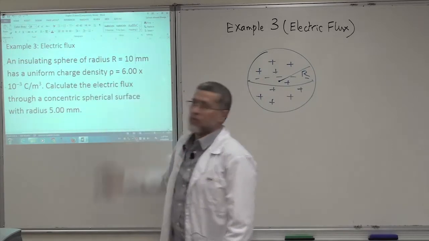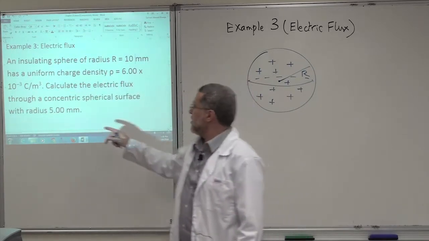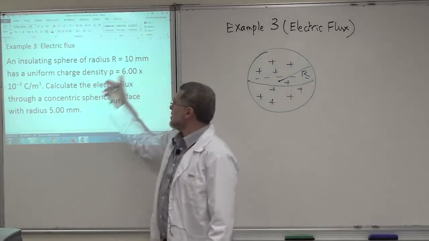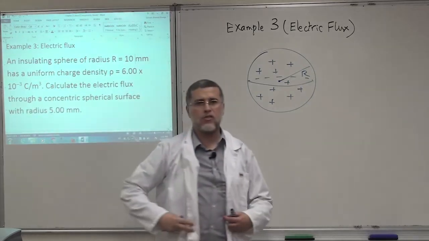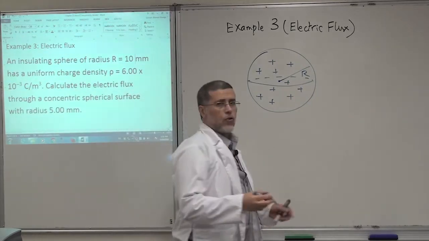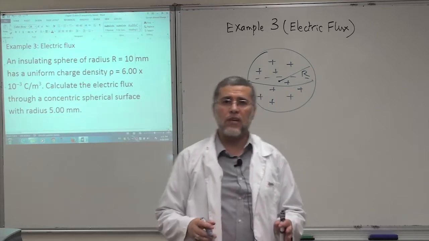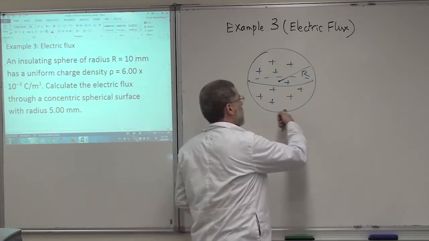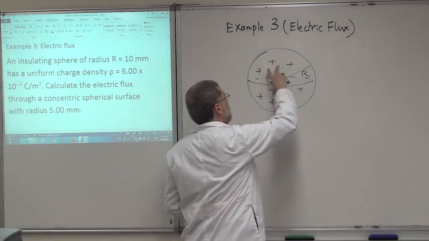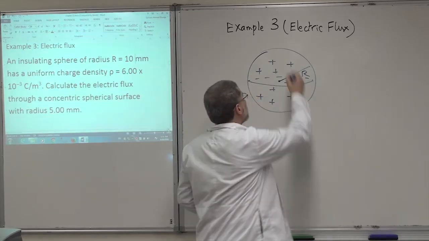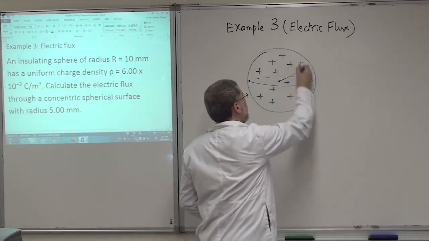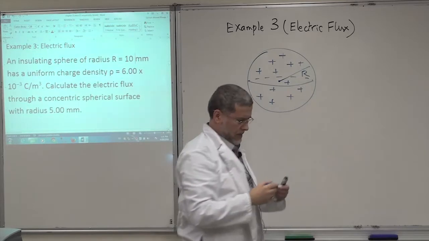It's a uniform charge density, which means every meter cubed has 6 times 10 to the power minus 3 coulomb. If we go to a conducting sphere, the charge will reside on the surface only. There will be no charge inside. But here, the charge is inside and everywhere, and it is uniform.